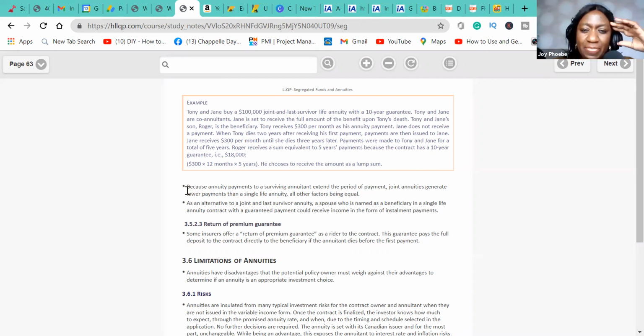When Tony dies 2 years after receiving his first payment, payments are then issued to Jane. So Jane receives $300 per month until she dies 3 years later. Payments were made to Tony and Jane for a total of 5 years. Roger receives a sum equivalent to 5 years of payments because the contract has a 10-year guarantee. That is $18,000.